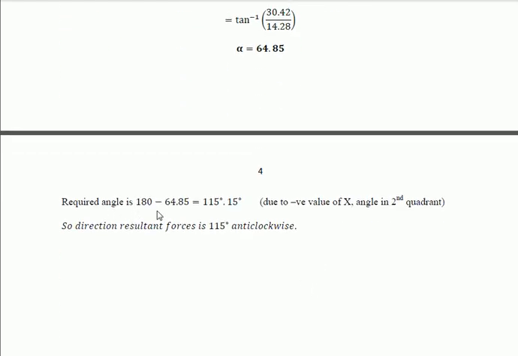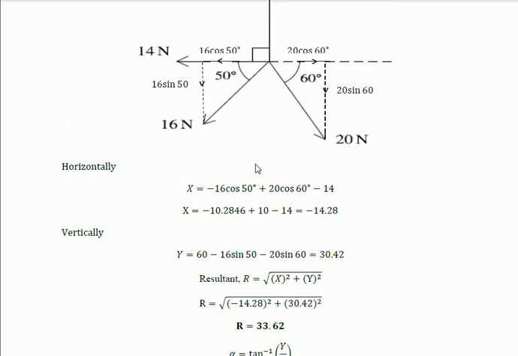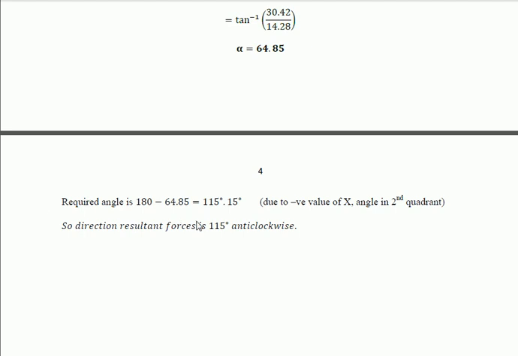The required angle is 180 minus 64.85, which is equal to 115.15, due to the negative value of x. As the value of x is negative, it means that the terminal is in the second quadrant. So the direction of the resultant force is 115 anti-clockwise.